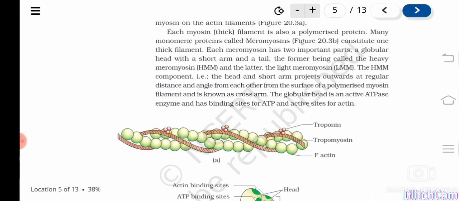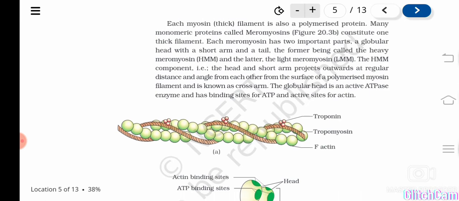And then what is there? Tropomyosin, that is also two are there. So two are there which are helically wound. That goes along with the F actins. And in the tropomyosin you can see some proteins are there. They are known as troponins.